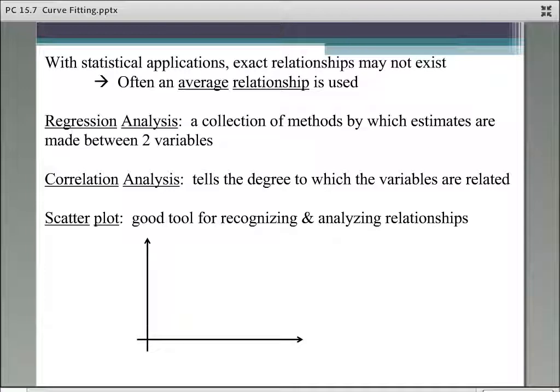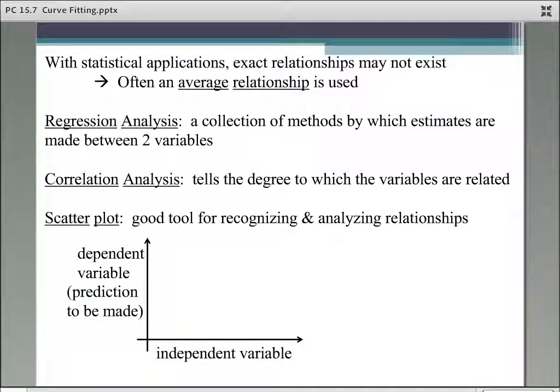All right, so here you've got this on your paper. The independent variable is your x-axis and the dependent variable is on the y-axis. Your dependent variable is the prediction to be made, and the independent variable is your basis for the prediction.